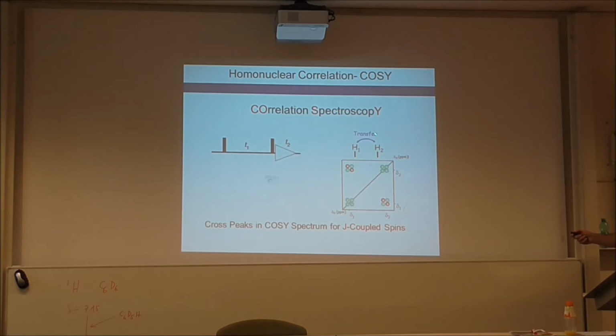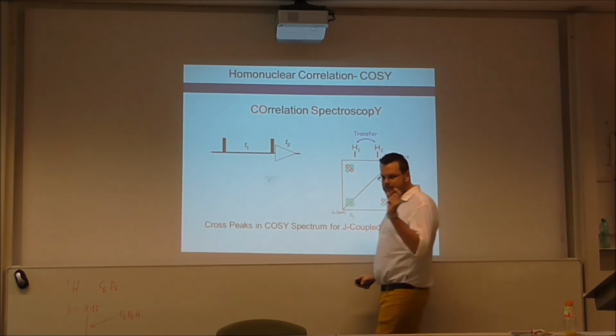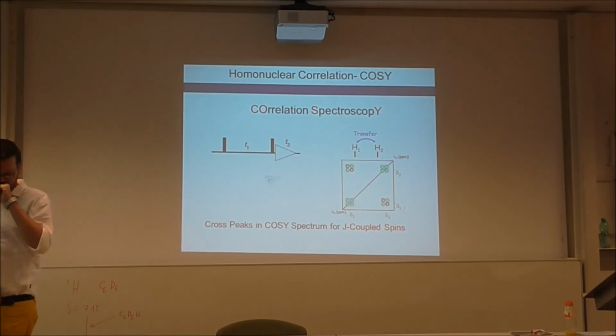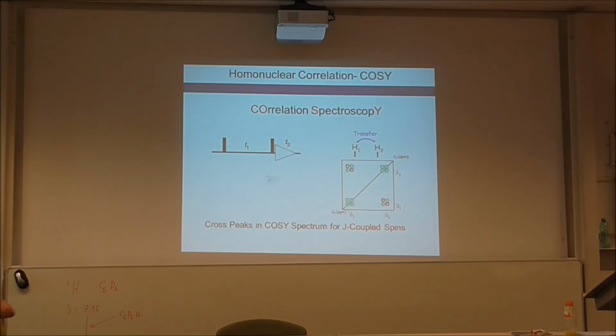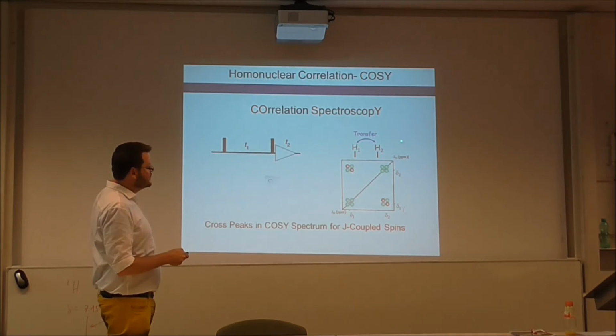And here you can, for example, see a typical pattern of two protons that are correlated to each other. In other words, two that are coupling to each other. And this is due to a so-called polarization transfer, right? And you can see that this is sort of the situation.